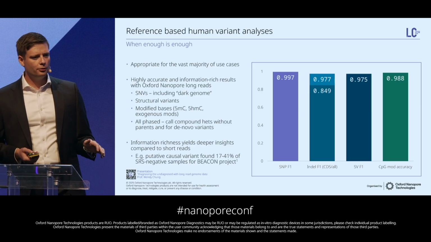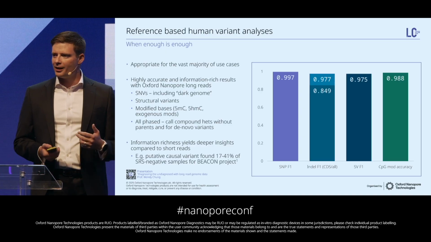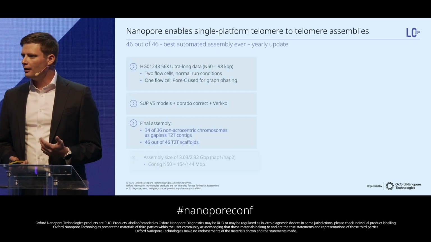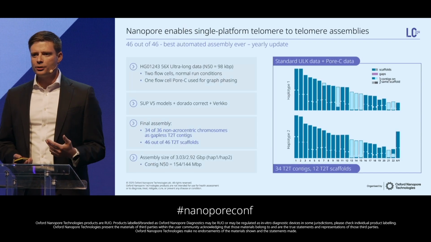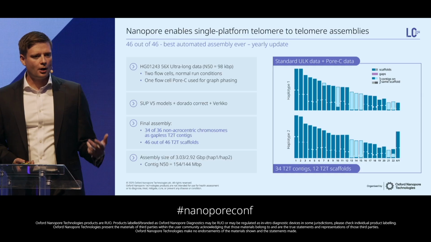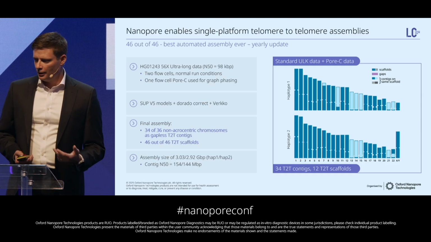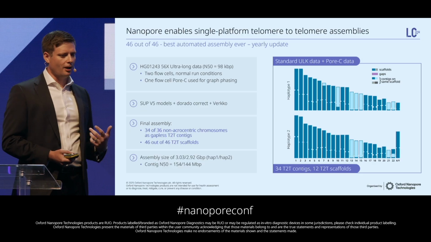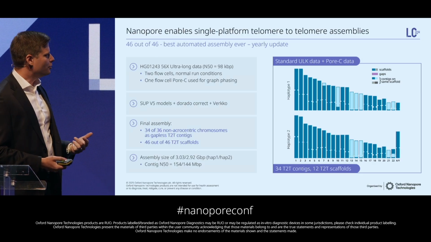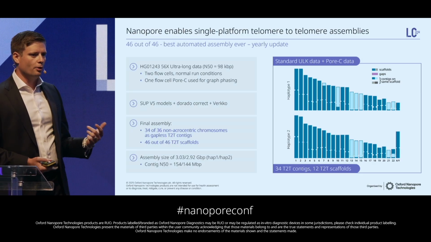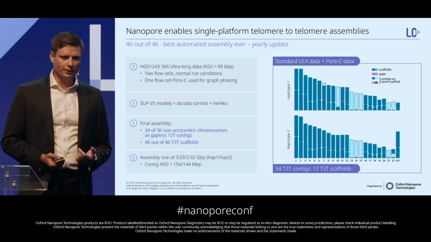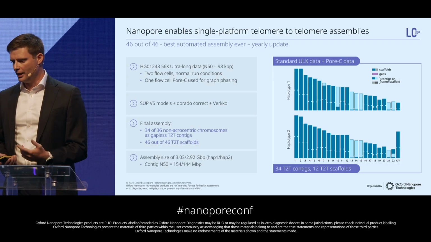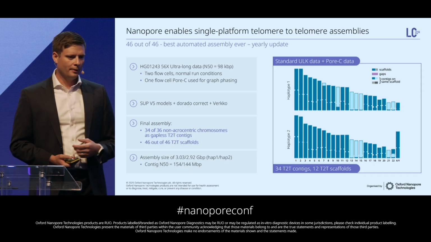If you do need to do de novo assembly, however, Nanopore is absolutely the answer. At London Calling last year, we unveiled what was then the most contiguous automated assembly ever. And this is, year on, our update, our new best automated assembly ever, using the same recipe, our nanopore-only telomere-to-telomere sequencing recipe of 2 ultra-long flow cells plus 1 flow cell of Pore-C data used for long-range phasing.